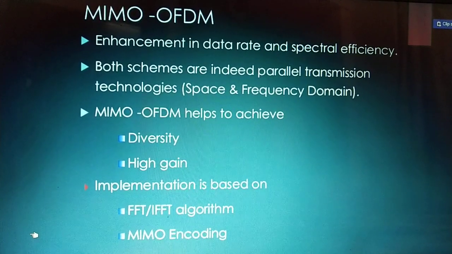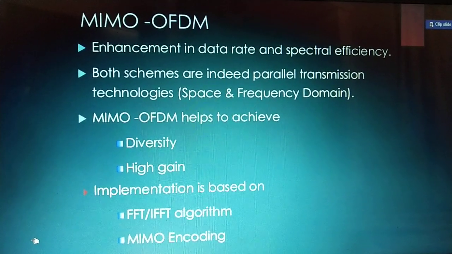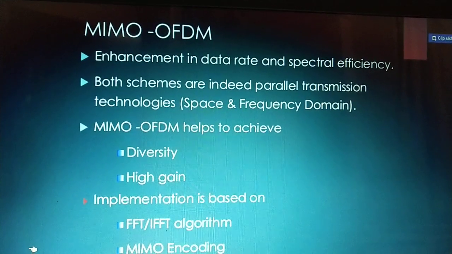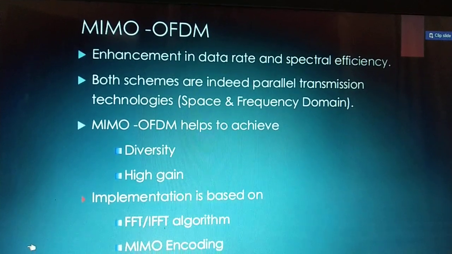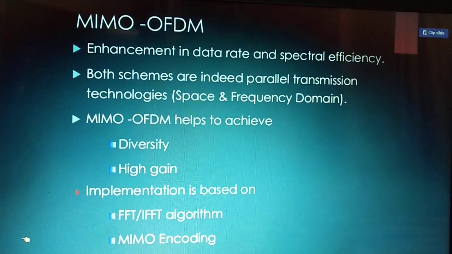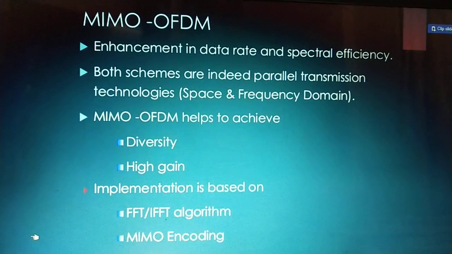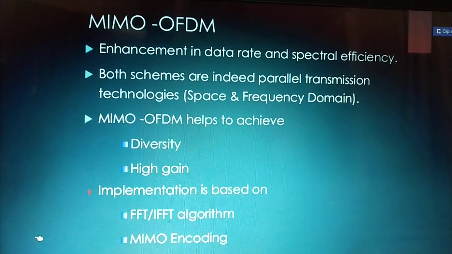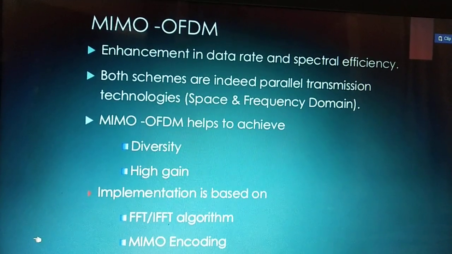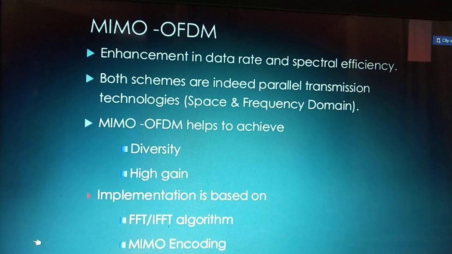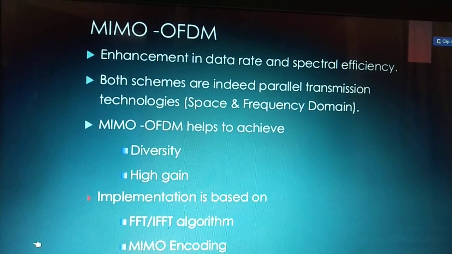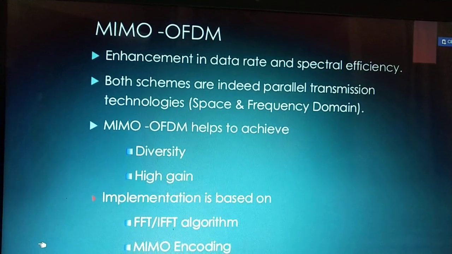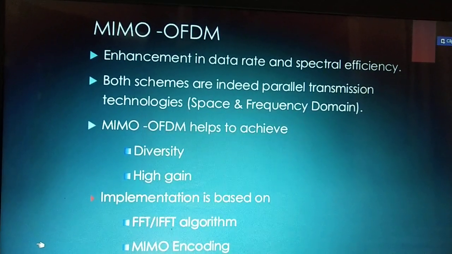Now coming to the first topic, that is MIMO OFDM technology. It is the combination of both OFDM, that is orthogonal frequency division multiplexing, and MIMO technologies. As you know, the basic idea of OFDM technology is using a large number of parallel narrowband subcarriers, which are also orthogonal to each other, so that a large number of subcarriers is used instead of a single wideband carrier for transporting the information.